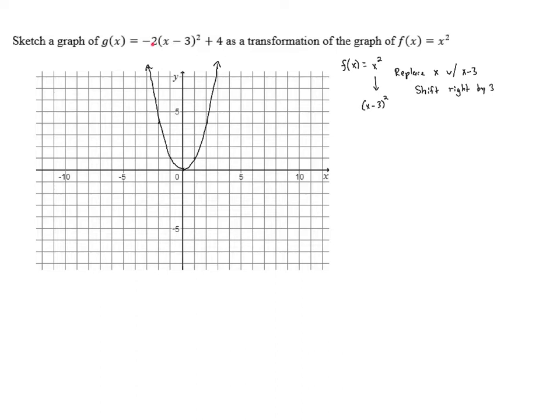Well, first it needs to get multiplied by 2. So this is going to turn into 2 times x minus 3 squared. And we can do this by replacing our function with 2 times the function.